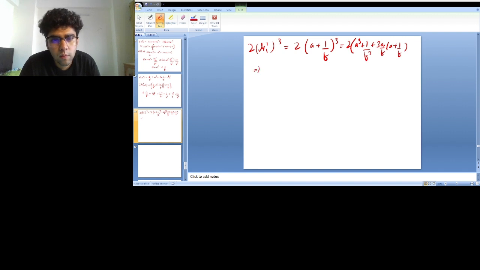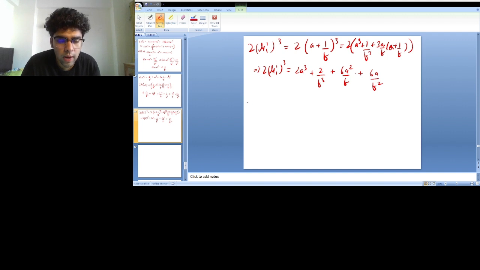Opening this gives me 2 mu 1 dash cube is 2a cube plus 2 upon b cube plus 6a square upon b plus 6a upon b square, right?